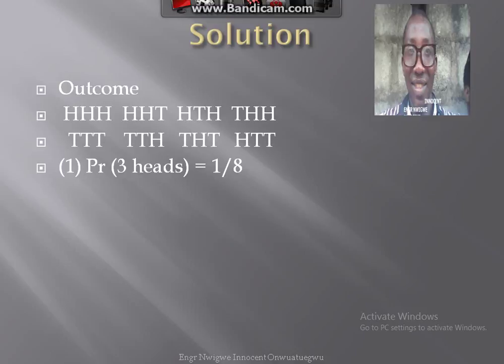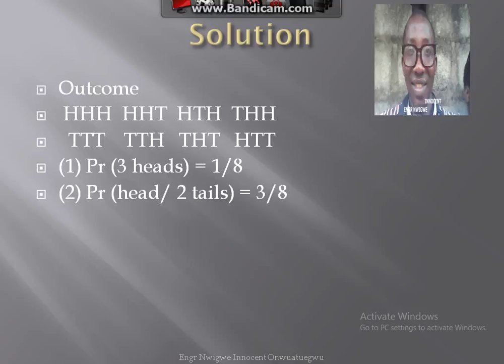2. The probability of a head and 2 tails. We have 3 possible outcomes: head tail tail, tail head tail, and tail tail head.